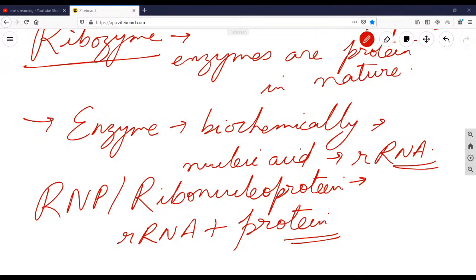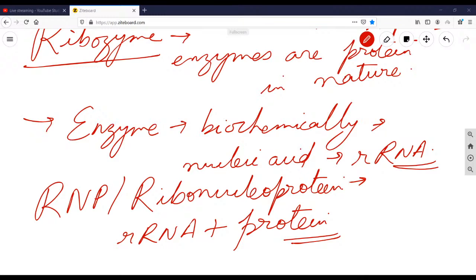But what is the specificity or the structure of the ribosome? How many sites are present? How does the tRNA enter the ribosome? Those things must be tackled first.